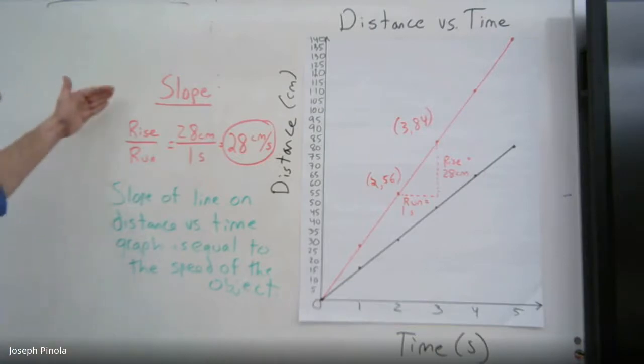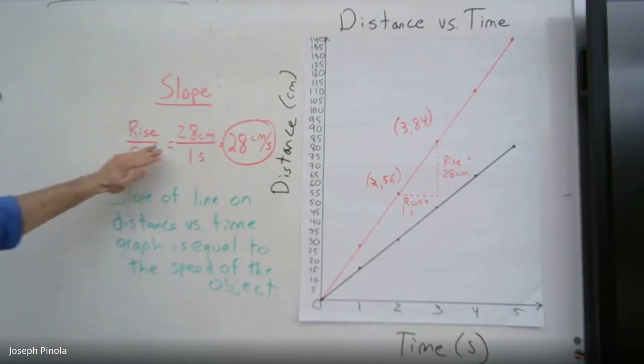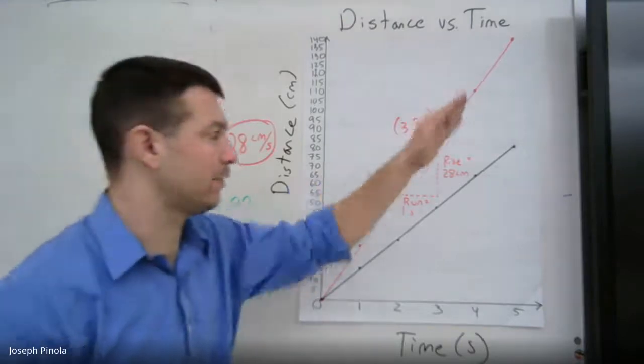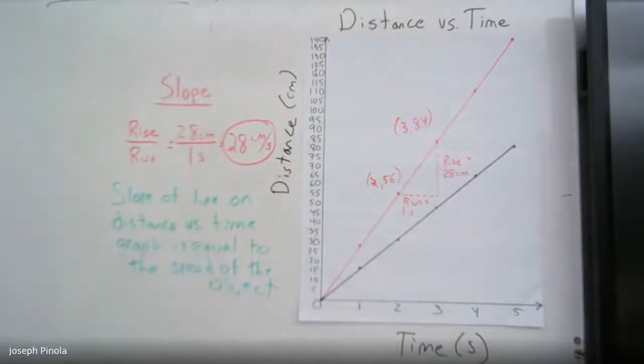Clearly, the red train had a speed of 28 centimeters per second, and the slope of the line for the red train is exactly 28 centimeters per second.